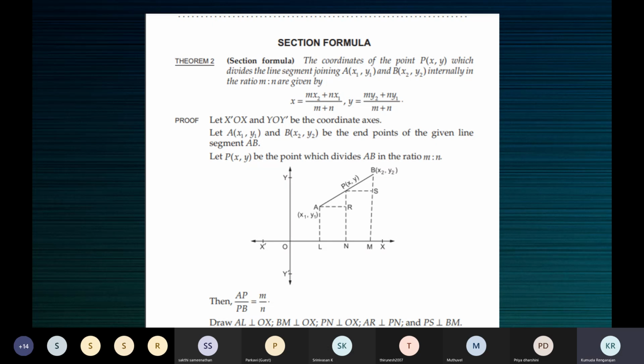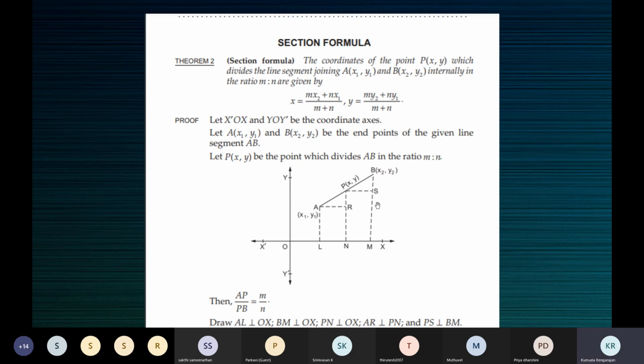Don't worry if you didn't understand. The direct application of the section formula is to find the coordinates of this point P that divides the line segment AB in the ratio m:n.